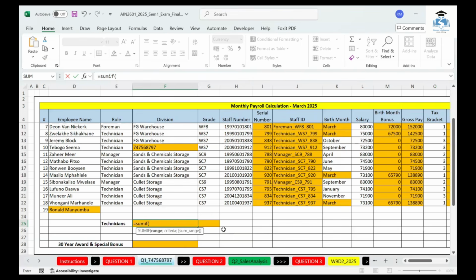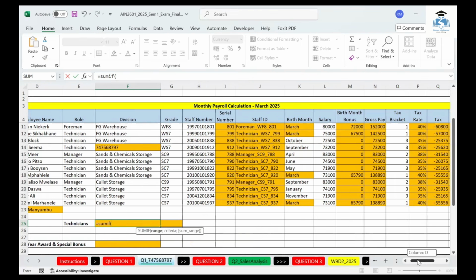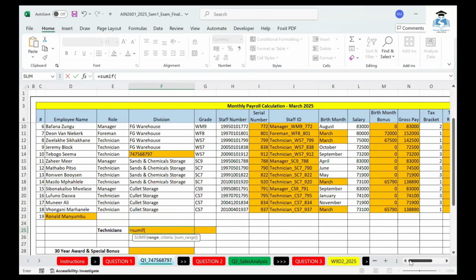So the range, where is the range? It's E10 to E22.